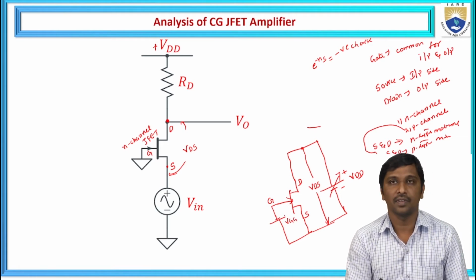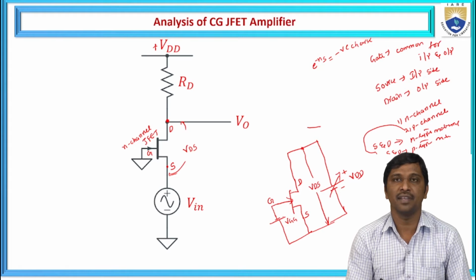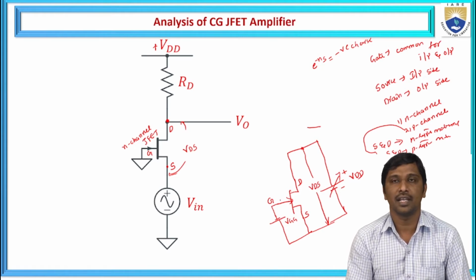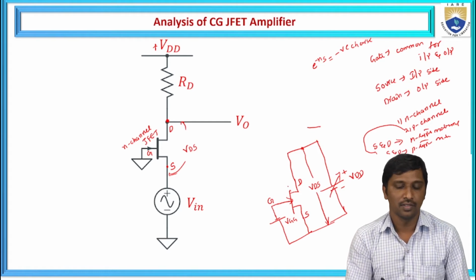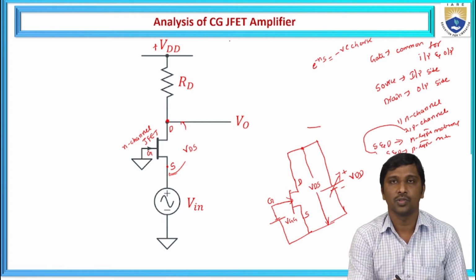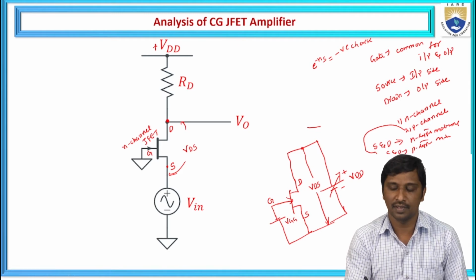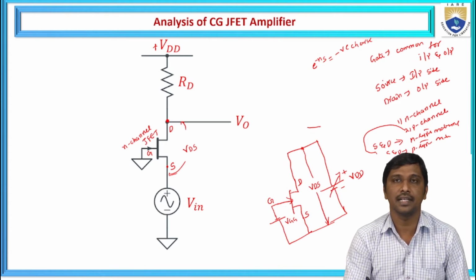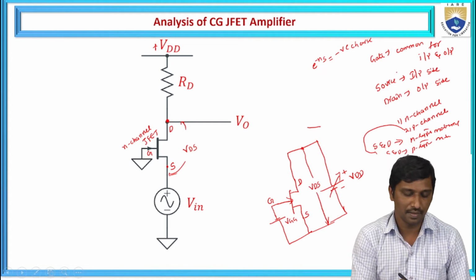Apart from this, we are going to apply the amplifier principle, where the input is passed through one of the terminals. In this common gate JFET amplifier, the gate is the common terminal for the input side and the output side, and the source is considered the input terminal.